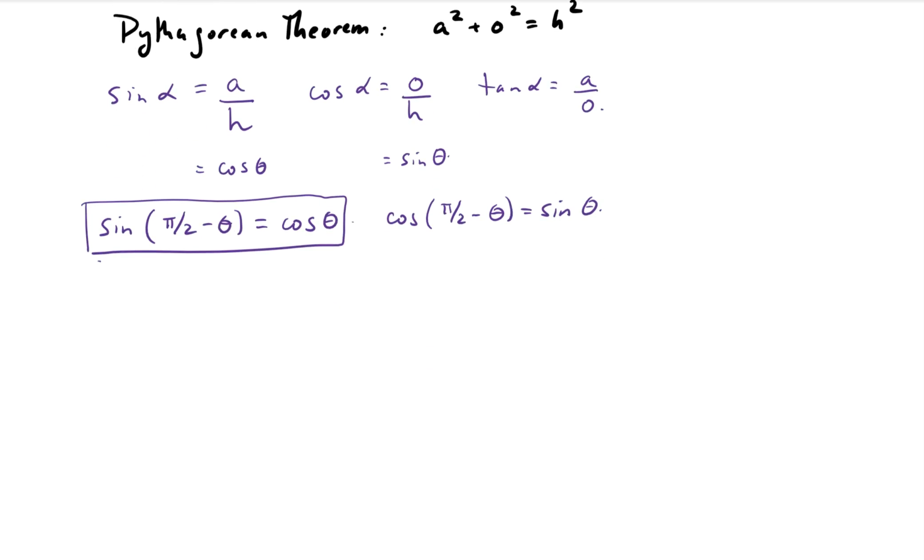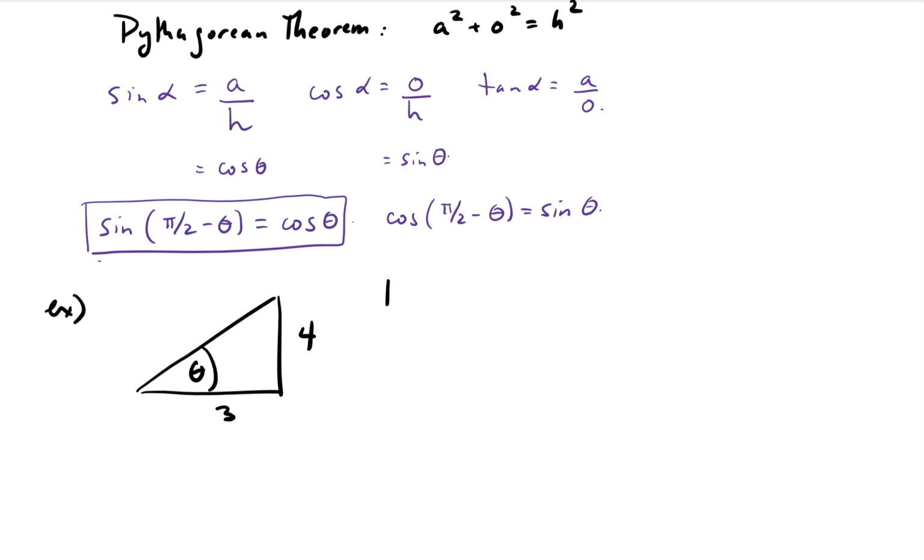And let's look at an example where we have an angle of theta, and we've got two sides, and what we'd like to figure out are the values of sine, cosine, and tangent.